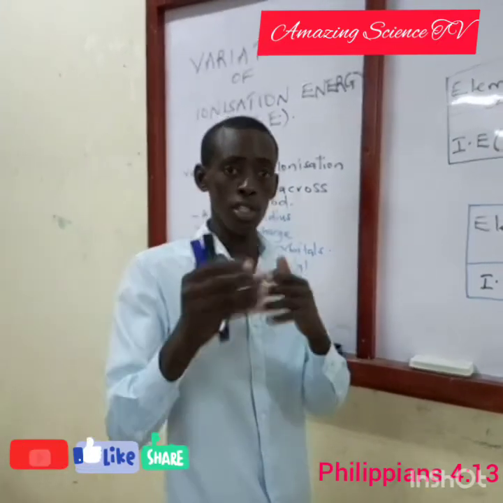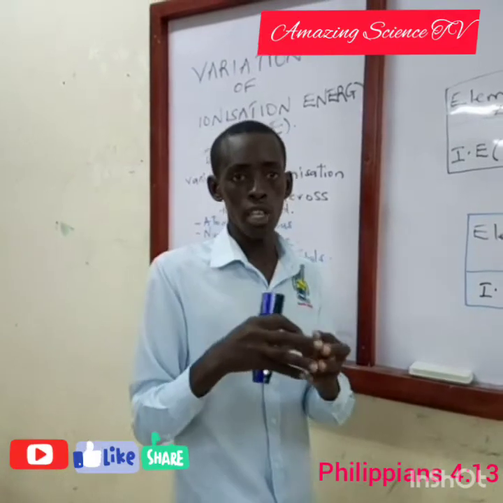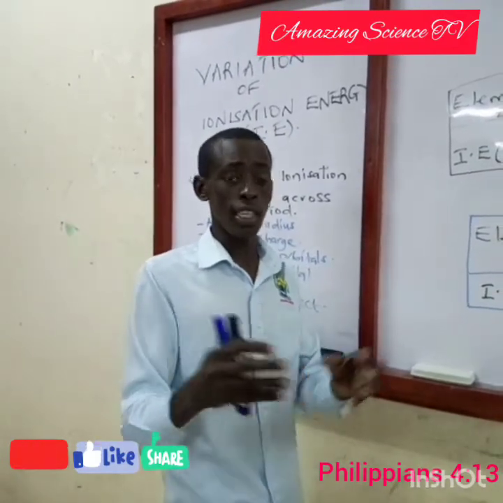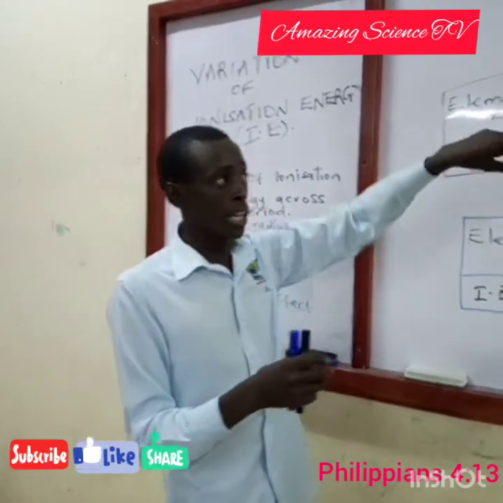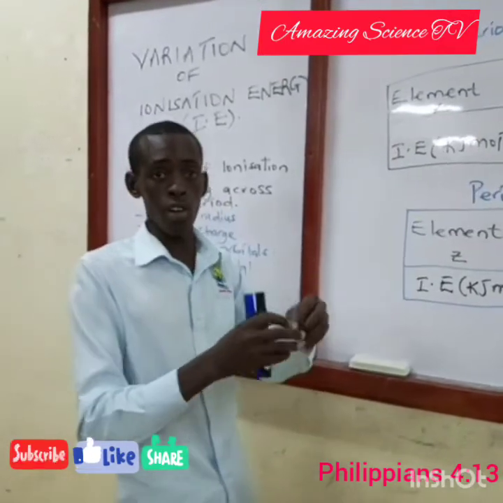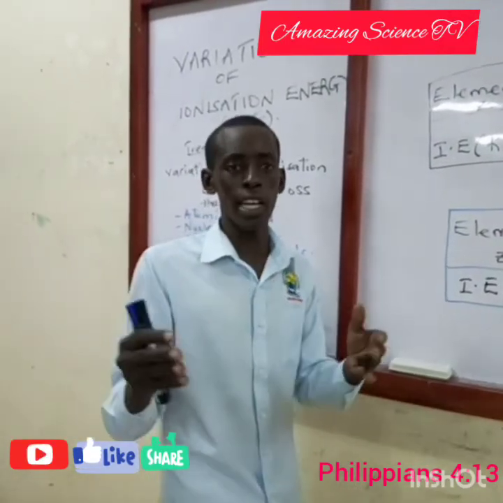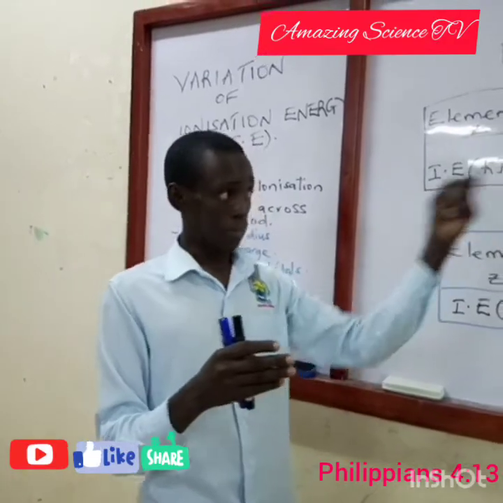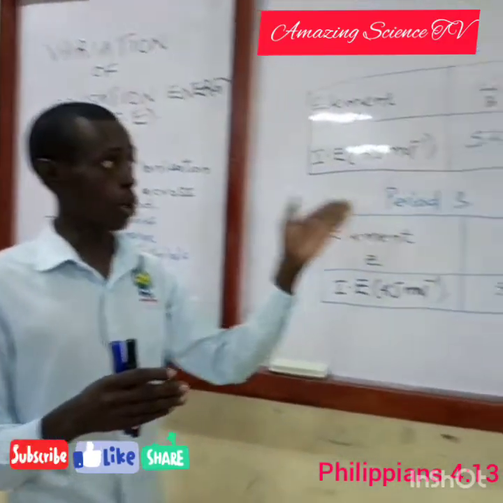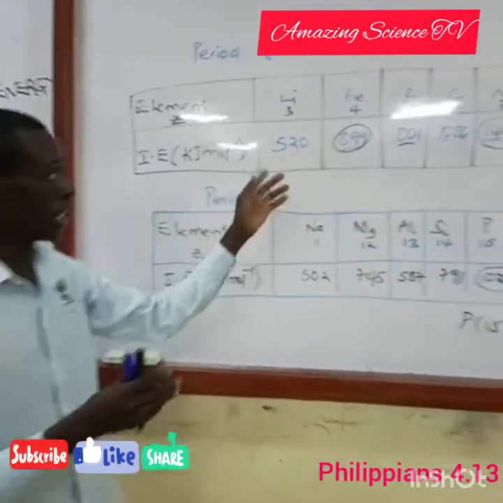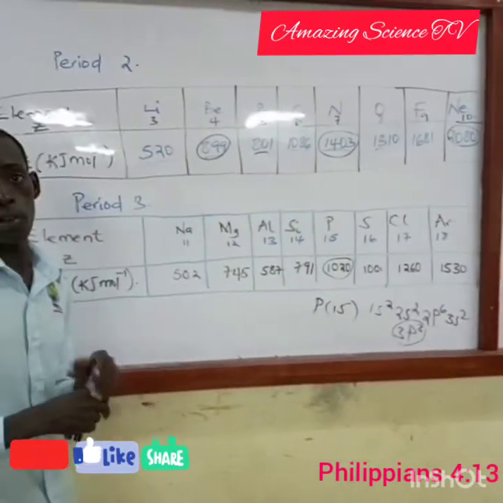The outermost electrons are pulled more to the nucleus. And in so doing, the size reduces, and the electrons in those outermost shells require much more energy to be removed. And that's why we see the ionization energy following that trend, going on increasing across the periods.